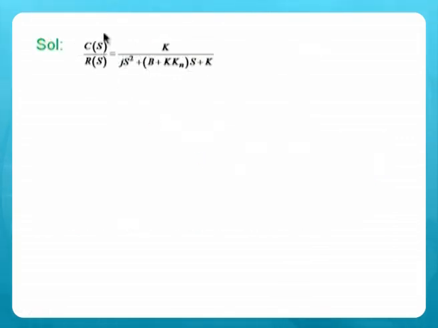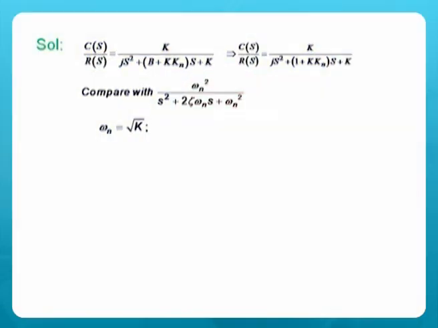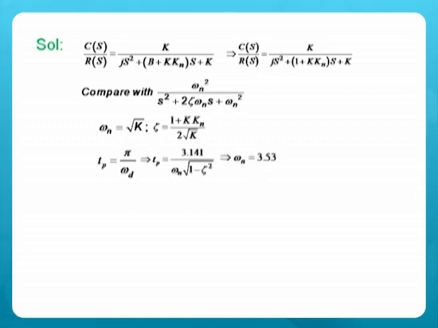So get the function first, C of s by R of s. Compare this with the standard second order system. Get omega n as root k, and zeta, the damping coefficient, by equating this s coefficient with the standard second order system. Then peak time is given by pi by omega d.